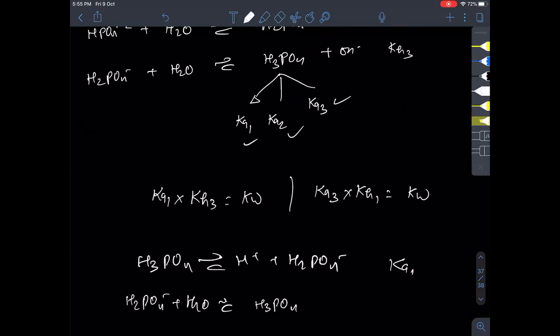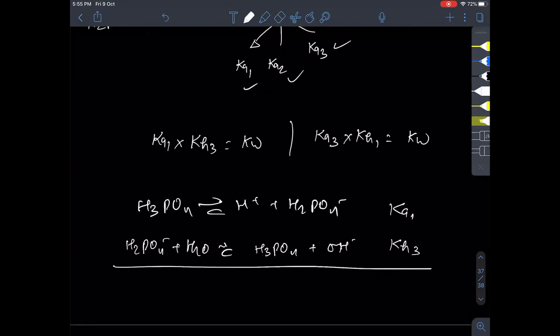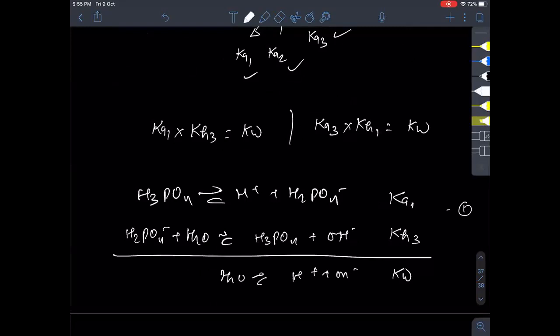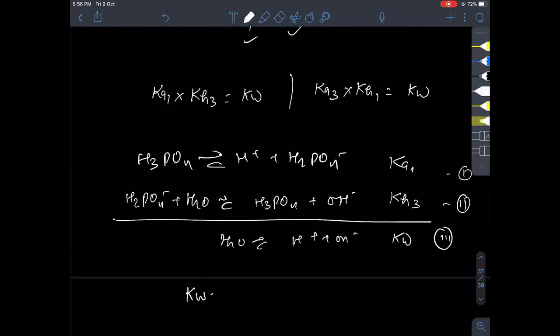H3PO4 along with OH negative ion. So this is KH3. Now you simply add them. That will become H2O giving H plus plus OH minus, which is Kw. So if you add 1 and 2, you get 3, which means the equilibrium constants have the relation. Like that you can derive for everything.